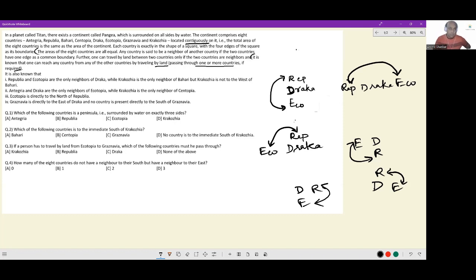But the additional information we have is Republia and Ecotopia are the only neighbors of Draca, which would mean these spots here, these spots here, and these spots here have to be empty. Draca will not have neighbors on the sides on which Republia and Ecotopia are not mentioned.